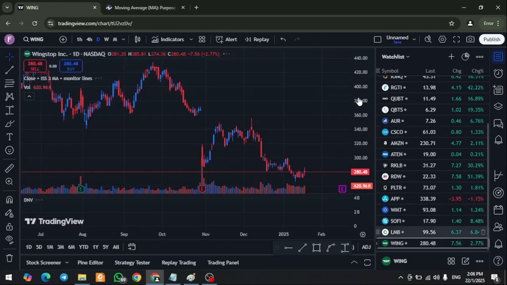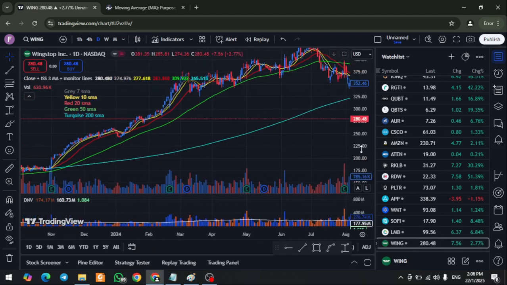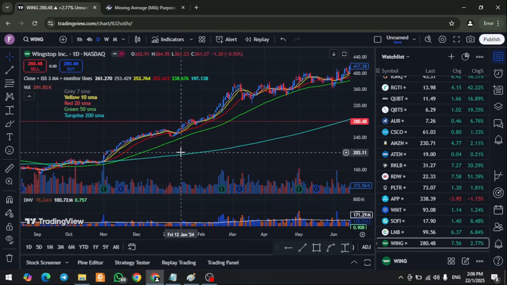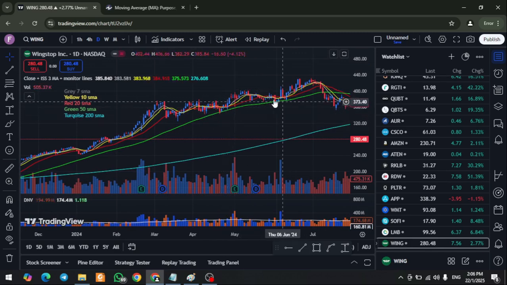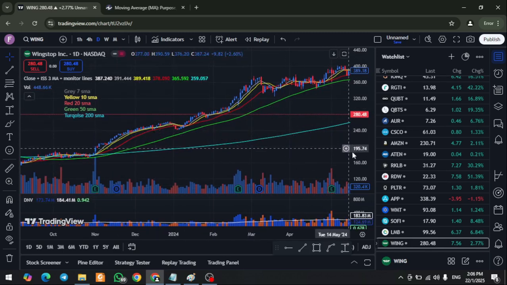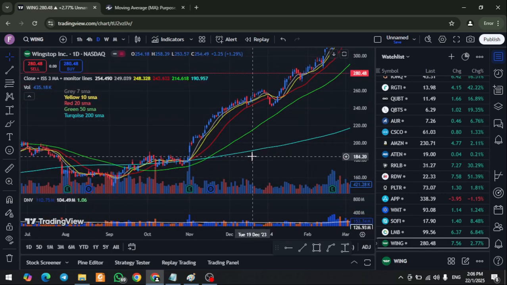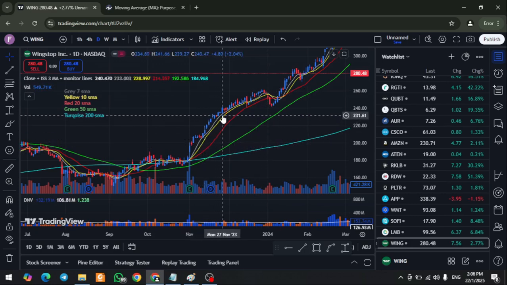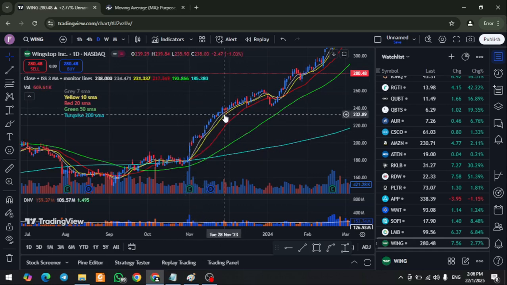The next example we can see here is Wingstop, during the price move last year. Okay, you see for the 50 days moving average it bounced back, and during the fastest growing pace for this stock, the price didn't break the 7 or 10 days, so it came close to the 7 and 10 days moving average, and then it bounced back.